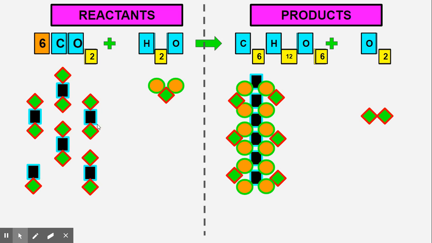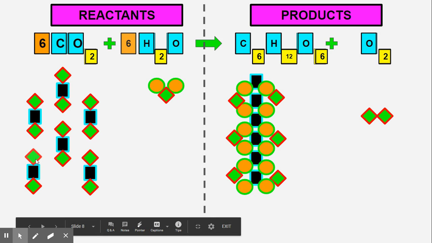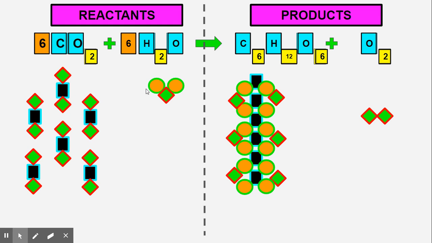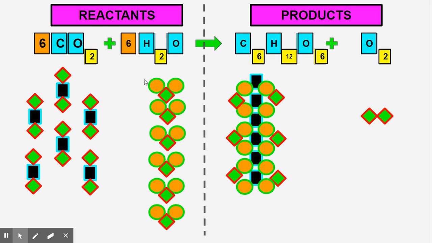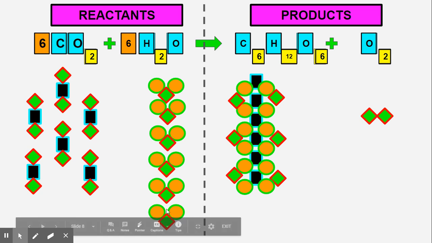Oxygen: 12 oxygens here, 1 oxygen here, so 13 oxygens over here. But if I add this here, now I can count up my oxygens: 6, and then there's 12 over here, for a total of 18 oxygens.